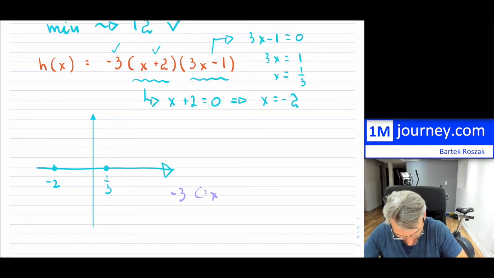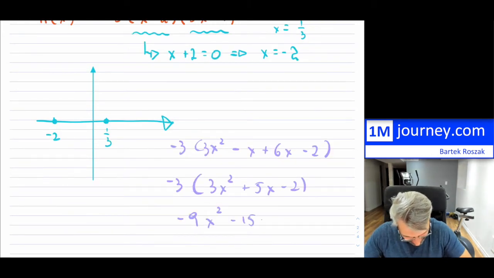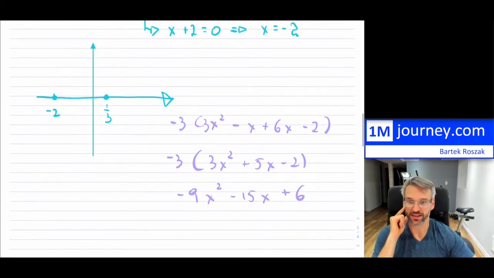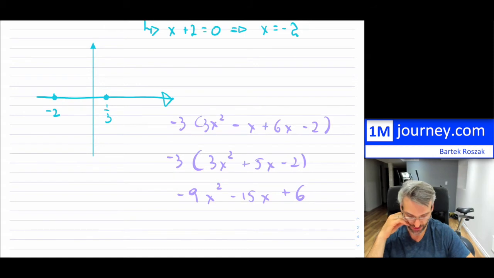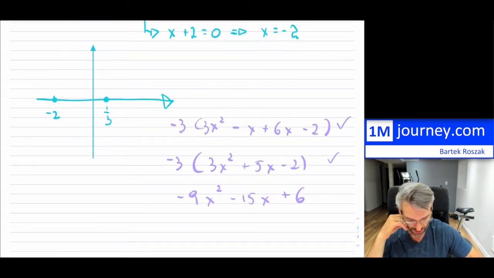So it's going to give me 3x squared. There we have it. That is the expanded form. I just had it from the factored form and then I just expanded it out. So here is my standard form right in here.